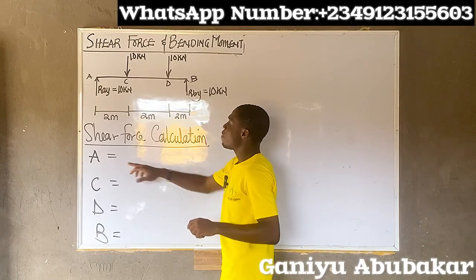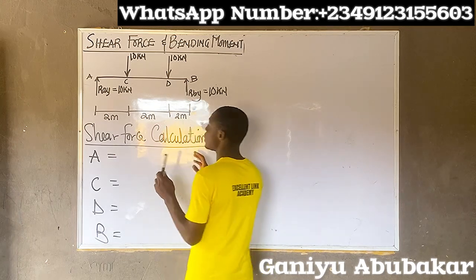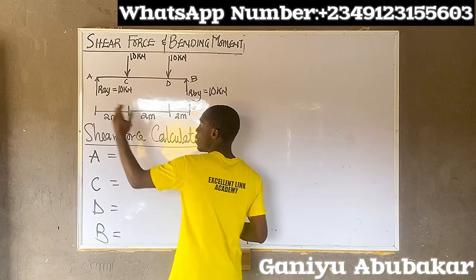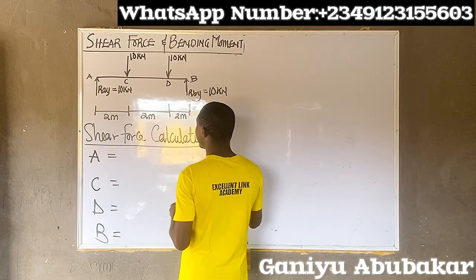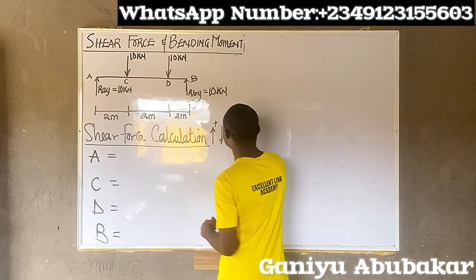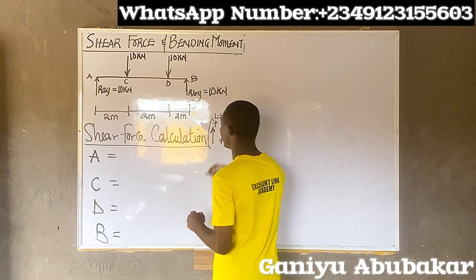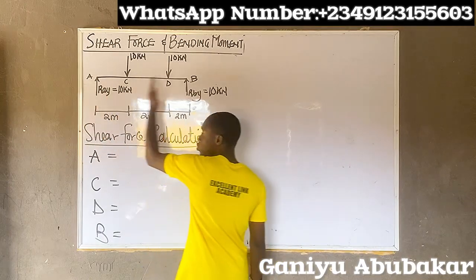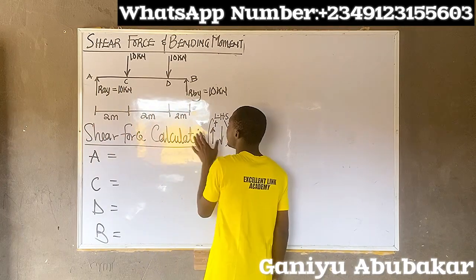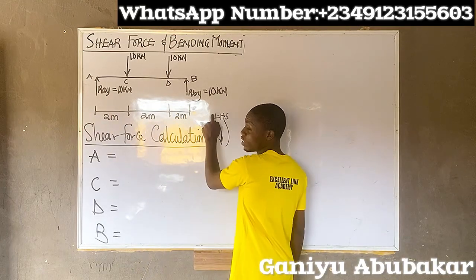Now, for A, I can move in two ways. If I'm moving from my left hand side, I'll consider up as positive, down as negative.